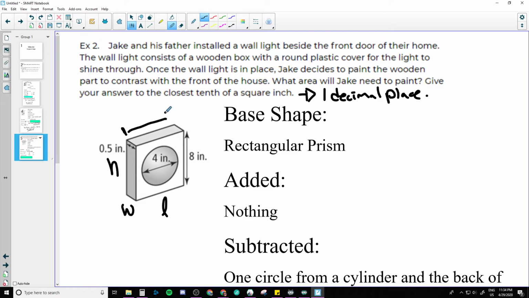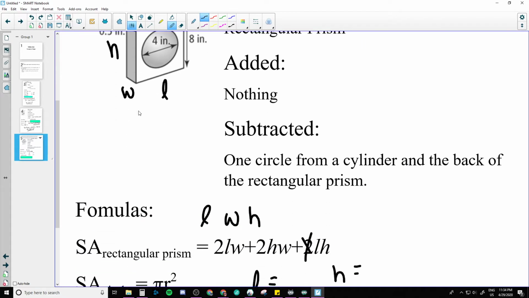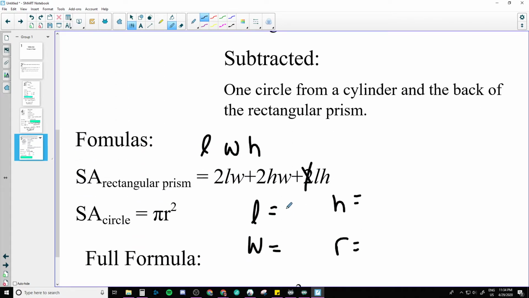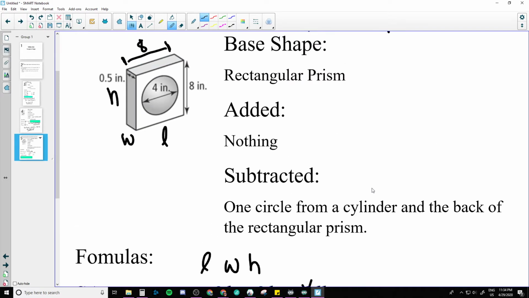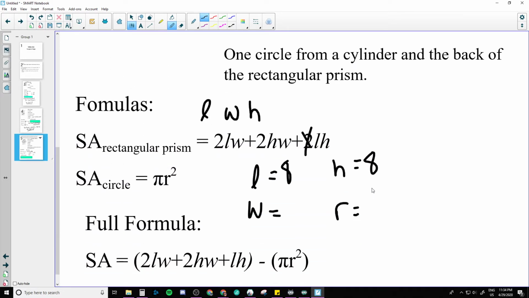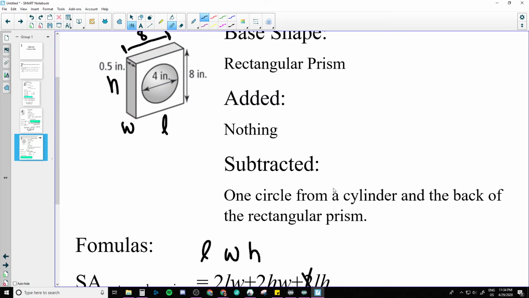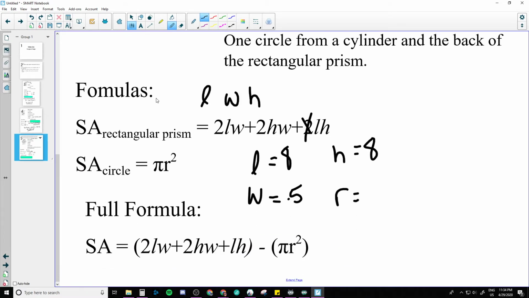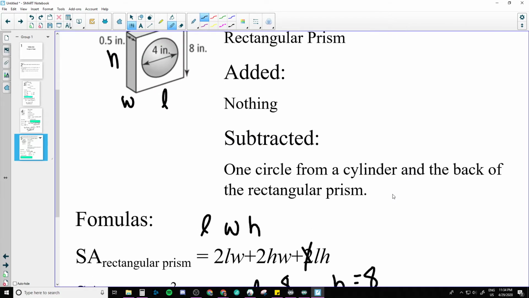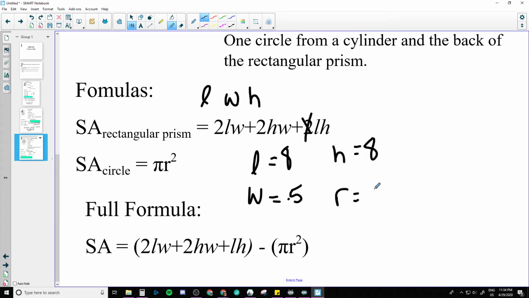This here is also 8. Easy peasy. Okay, so length is 8. Height is 8. Width here, they told us is 0.5 inches. And then the radius, they gave us the diameter. Again, there are 2 radiuses or radii in a diameter. So that means our radius is 2 inches.